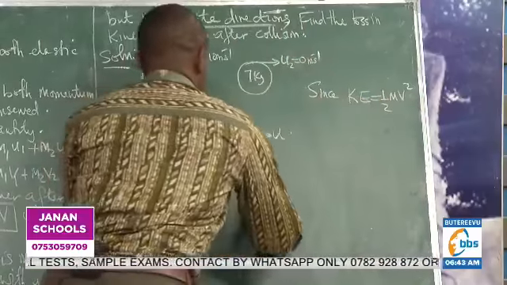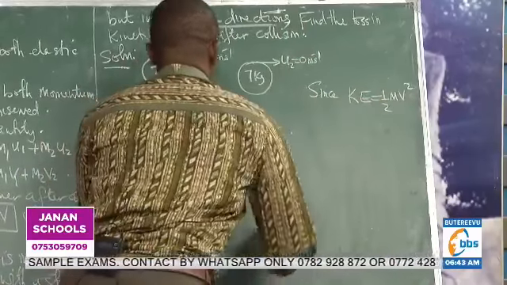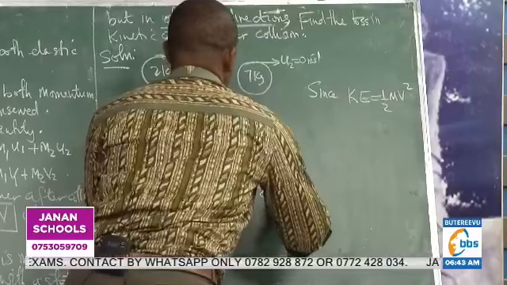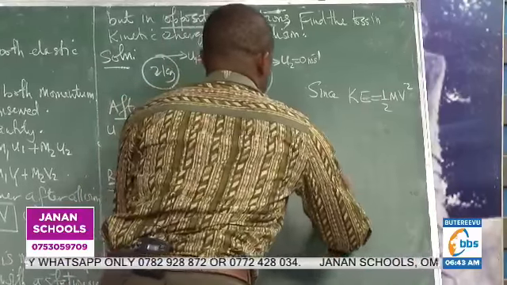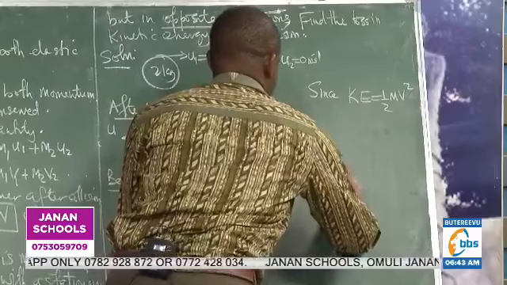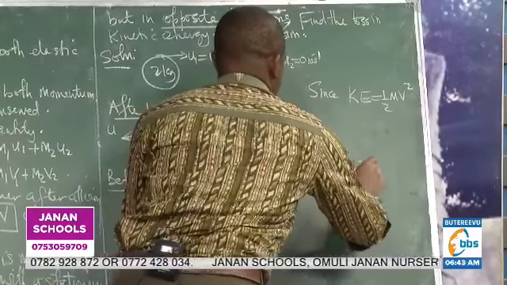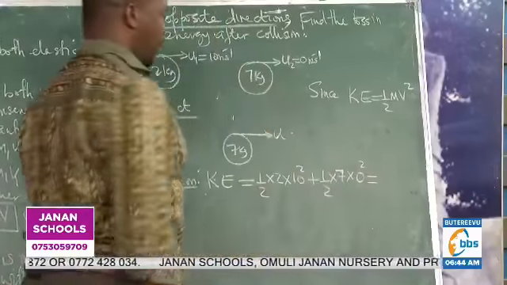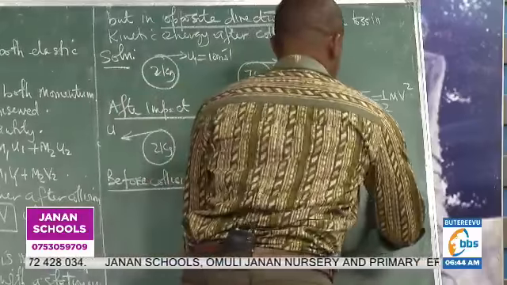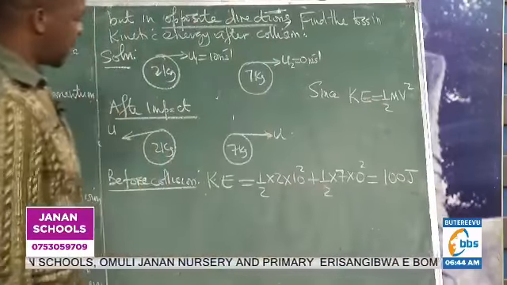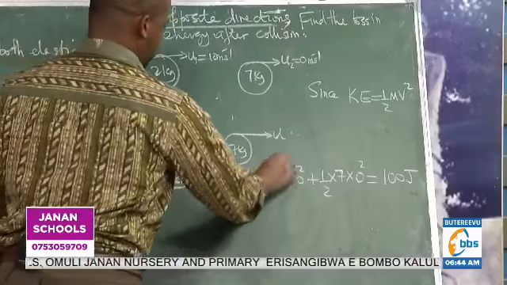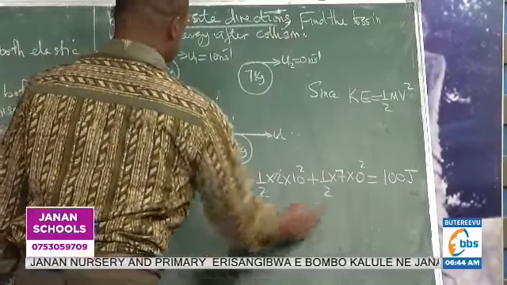So it will be a half times mass 1, which is 2, times the velocity squared, plus a half times mass 2, which is 7, times the velocity squared. When we compute this, it will give us 100 joules, because the 2 will cancel, and this is 0.